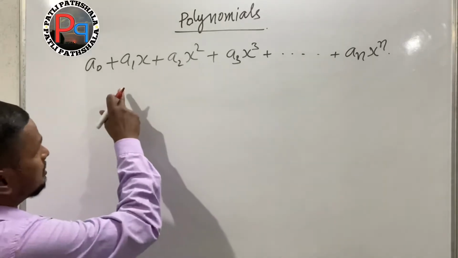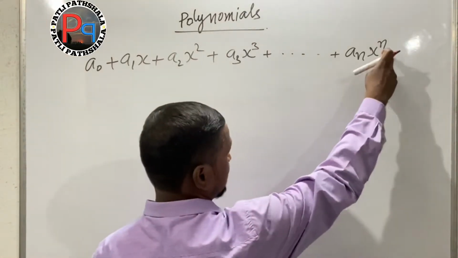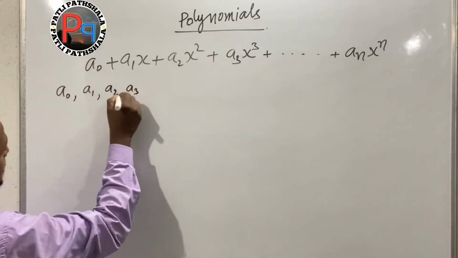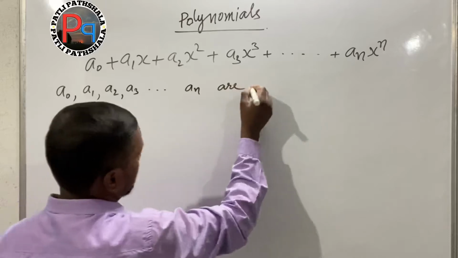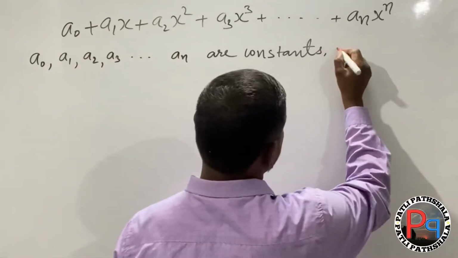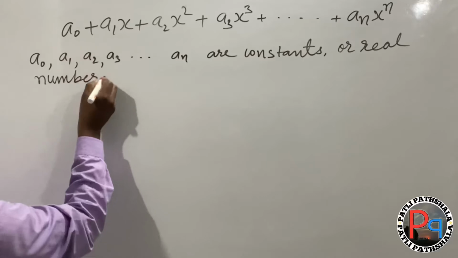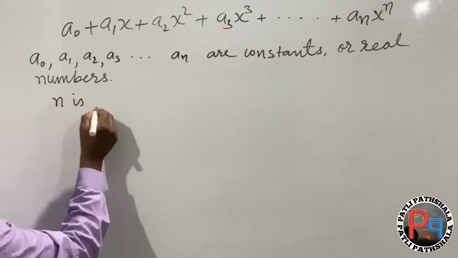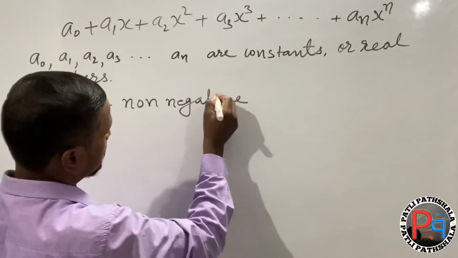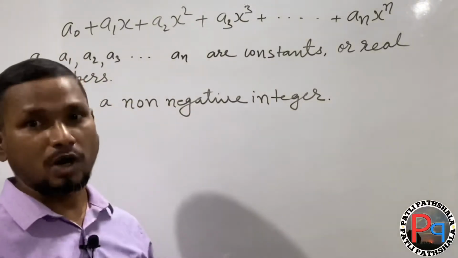In this expression, a0, a1, a2, a3 and so on, an are constants, it means any real numbers, and n is a non-negative integer. Such expressions are called polynomials.